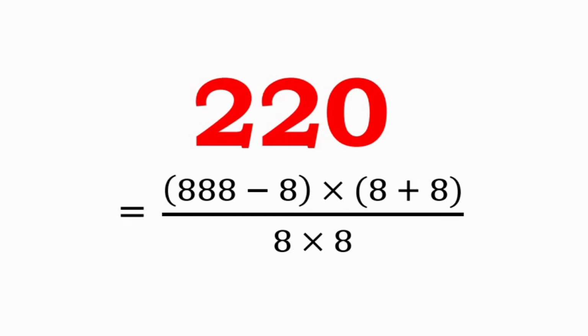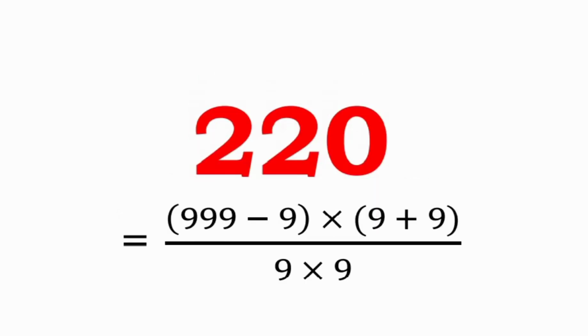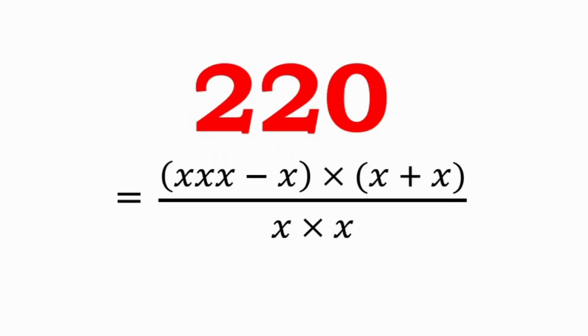This is equal to 220. Finally, using the digit 9, we can represent 220 like (999 minus 9) into (9 plus 9) whole divided by 9 into 9.